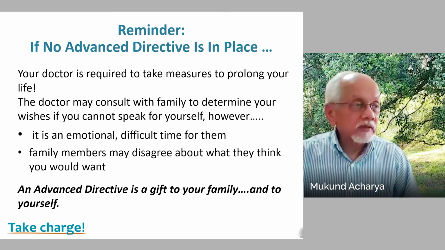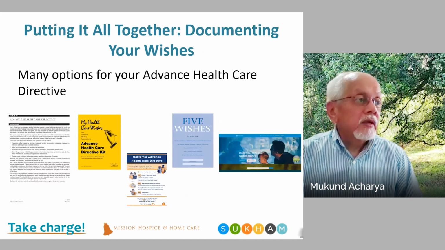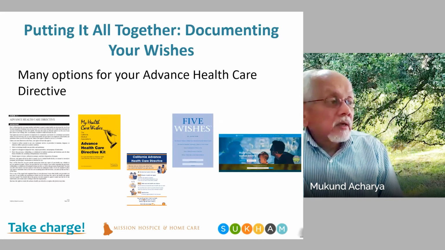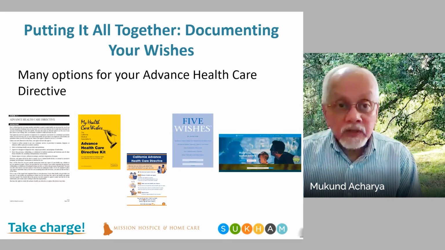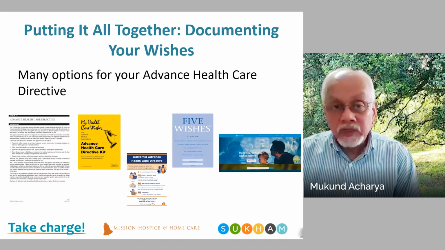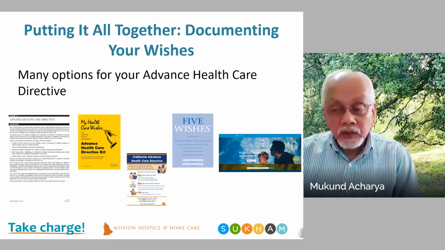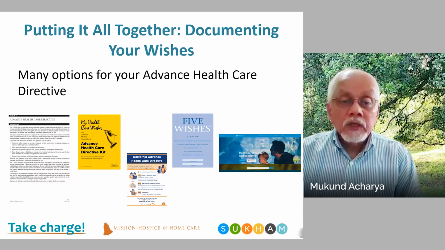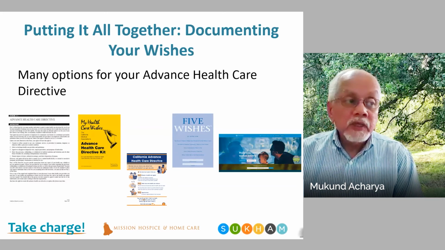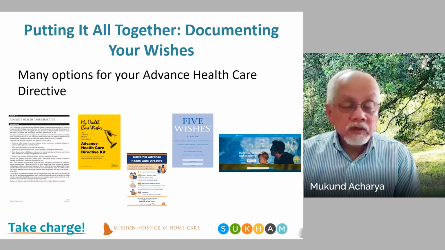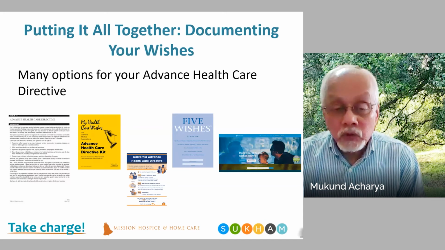An advanced directive. There are a number of different documents. I have uploaded the official California Advanced Healthcare Directive to the website. You can download and look at it, but that's by no means the only document. If you ask Neeluji, she'll tell you that Kaiser has its own Advanced Care Health Directive document. Stanford has its own.